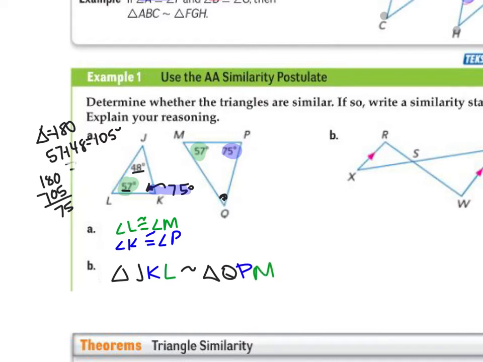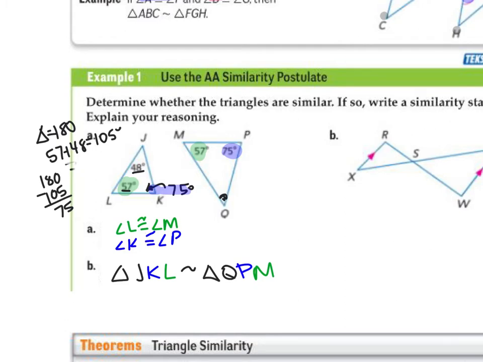I color-coded the specific letters of the triangle for you so that you know which vertices correspond. So these two are similar because we have two congruent angles.